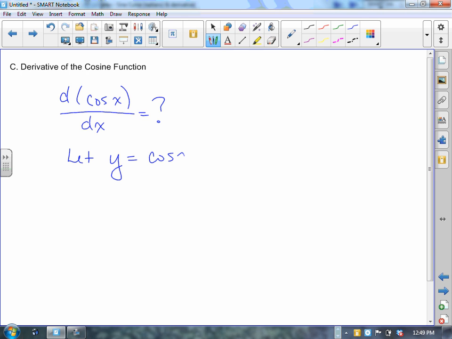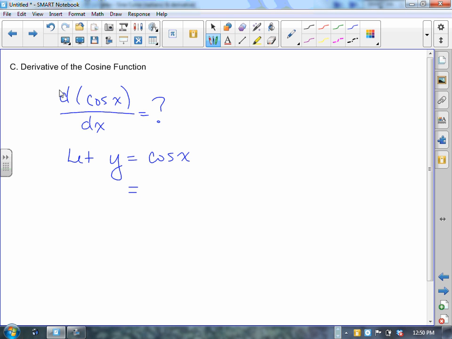I also want you to remember that proofs of other concepts are completed using previous knowledge.